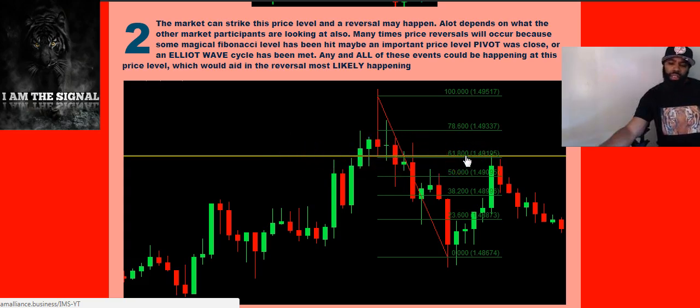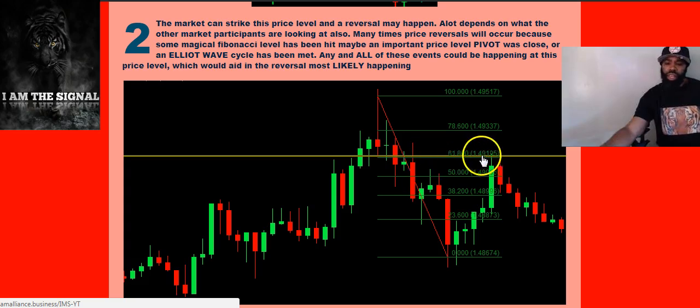So what happens is if there's enough people in the market, enough traders looking at other things that point to this level, and many times other indicators will point to this same Enrico's rift. So an Elliott wave cycle could be ending here.